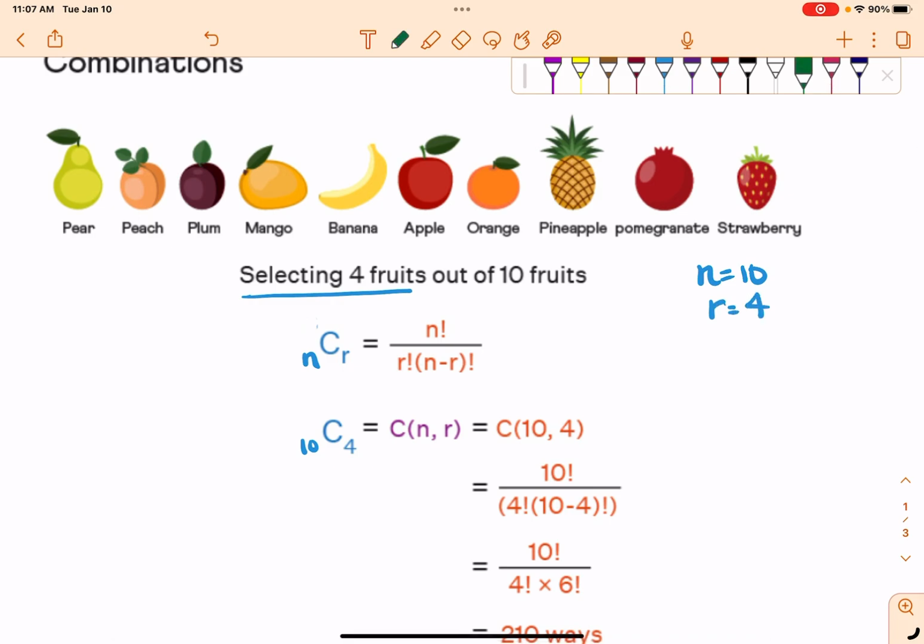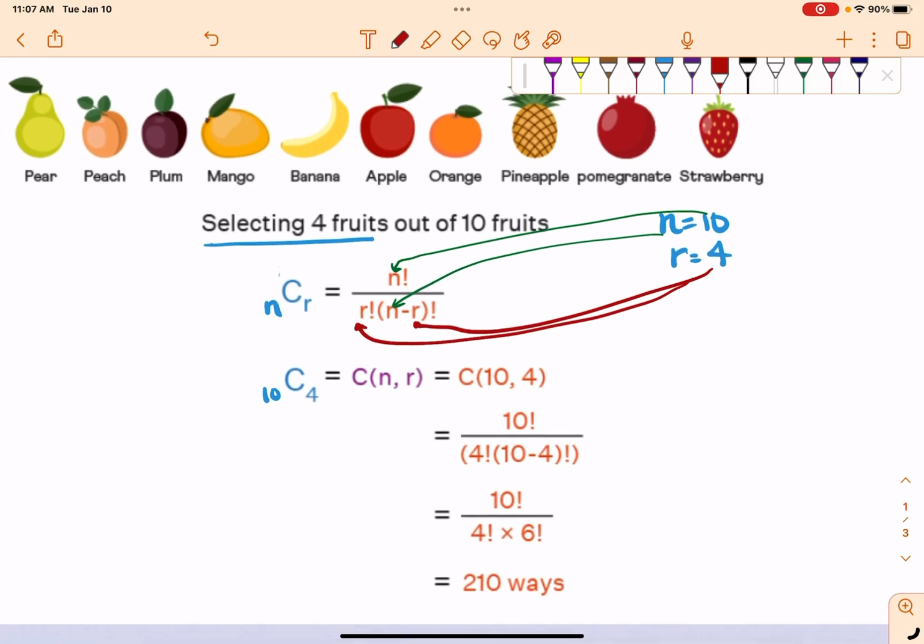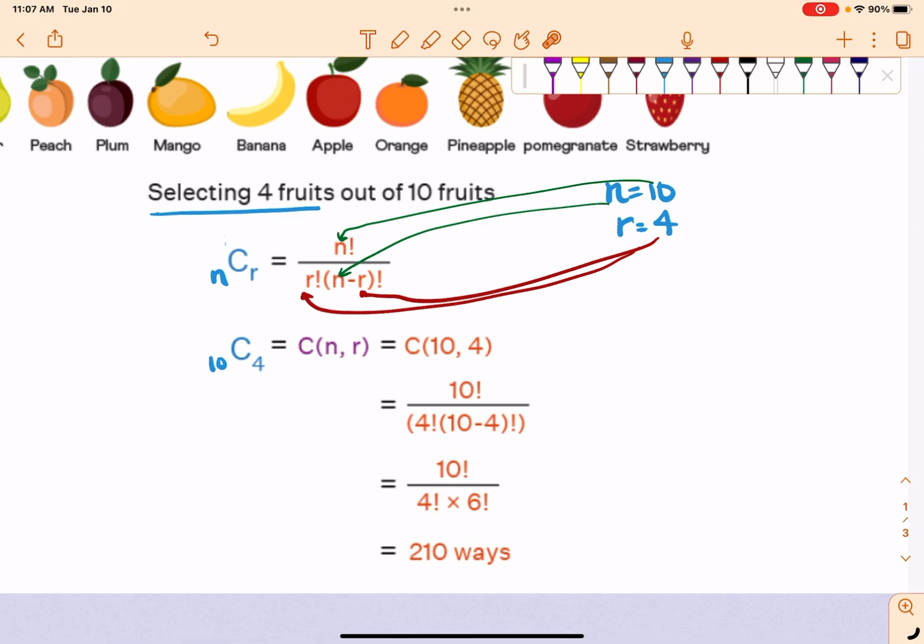So that means on this, I'm going to plug in 10s into these two spots. And I'm going to plug in r's of 4 into those spots. So you can see they've plugged in a 10 here and here, and my 4 is here and here. So we kind of go through and do the same thing we were doing before and kind of expand it. So if it's 10 factorial, I guess we should simplify it a little bit first, because right here we have 10 minus 4, right?